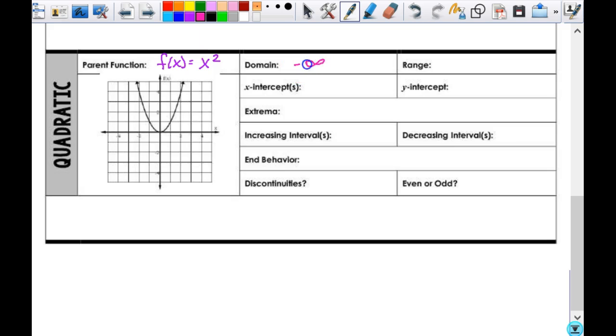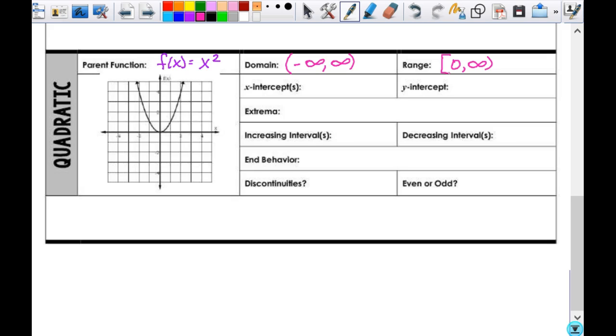Good. Negative infinity to positive infinity. And what's the range? Good. 0 to positive infinity. These are the same as the absolute value function, right? It's the same thing because, I mean, this is not pointy like the absolute value function, but it's in the same areas of the graph.